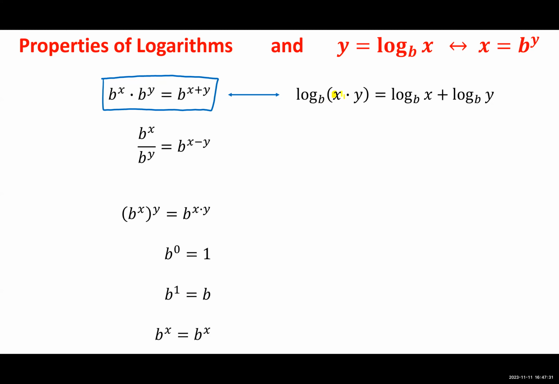The log base b, where b could be anything, common log, natural log, log base 3, log base 14, log base 109, the base doesn't matter. The log of a product is equal to the sum of the individual logarithms. So the log base b of x times y can be rewritten as the log base b of x plus the log base b of y.